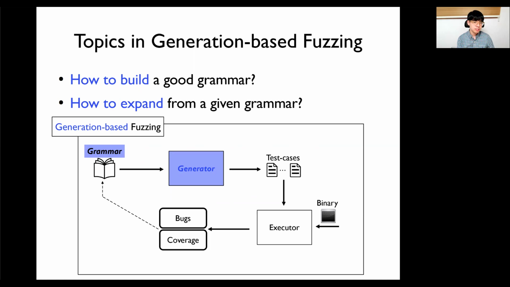And the second one is about how to expand from a given grammar, due to the huge search space of the expansion rules. And the diverse techniques for generation-based fuzzing try to solve each research topic independently or both topics simultaneously. Okay, let's take a closer look at each research topic.